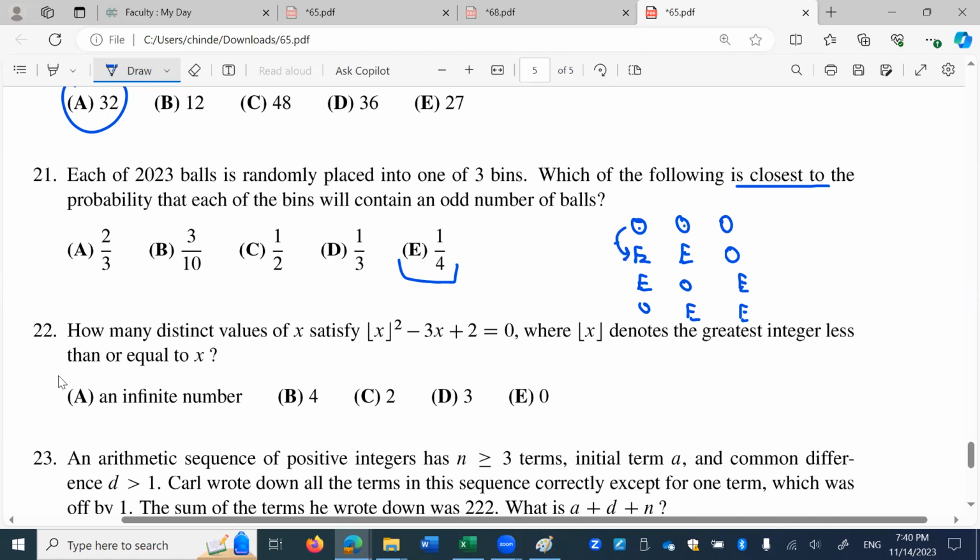Whereas if I pick these two jars and switch one ball, I go from this case to this case. So I think that with just one ball change, I can transition from any one of these configurations into any other of these even odd configurations. And I can do that in an equal number of ways. So I'm pretty sure that the answer should be 1/4. But again, that doesn't sound precise.